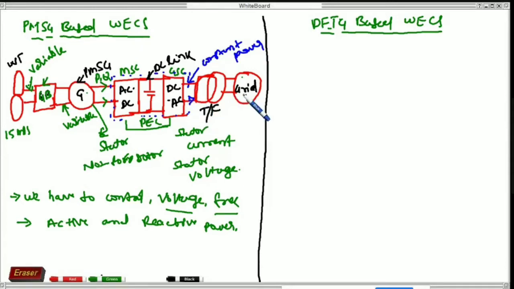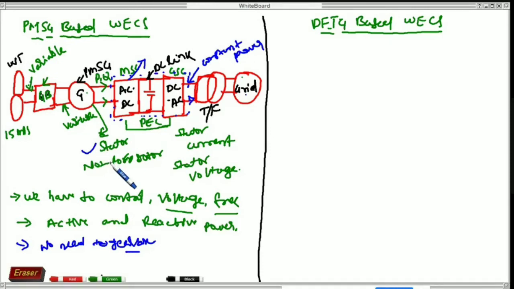This constant power we have to give to the grid. So if you are using power electronics converter, this is variable speed, not fixed speed, right? So we have to convert the variable speed to constant speed here. MSC and GSC. This is the difference of PMSG, right? And here no need for a gearbox also, because we are controlling only one side, stator side, right?